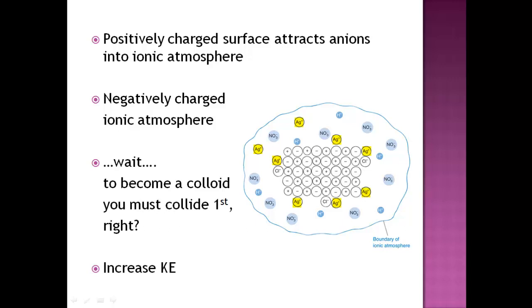And I put there, wait a minute, to become a colloid, you actually have to collide first, right? Yes, you do. Colloidal particles must collide with one another to come together, to coalesce. However, these negatively charged ionic atmospheres of these particles repel one another. Because remember, this is just one particle, but you've got a gajillion of these in solution.